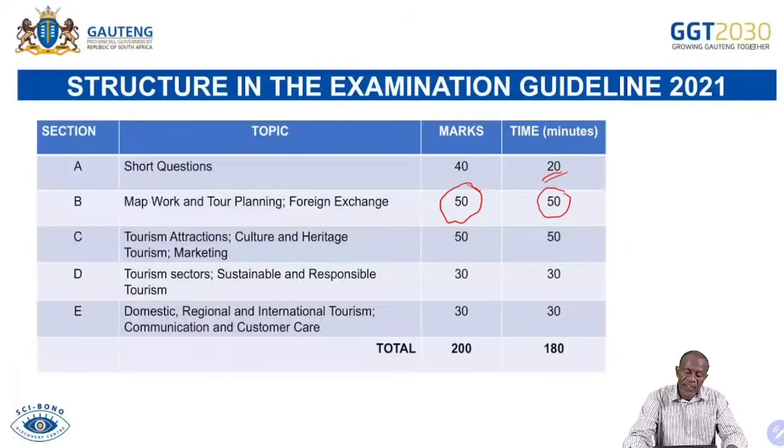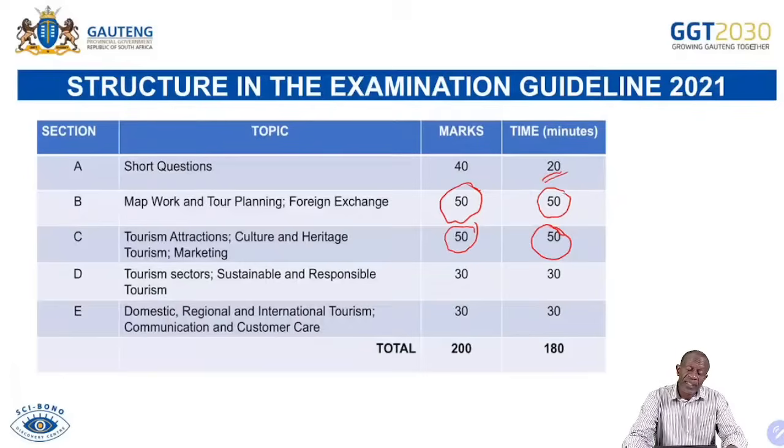Section C, you have tourism attractions, culture and heritage, as well as tourism marketing, and it is also allocated 50 marks, and you need to spend 50 minutes.